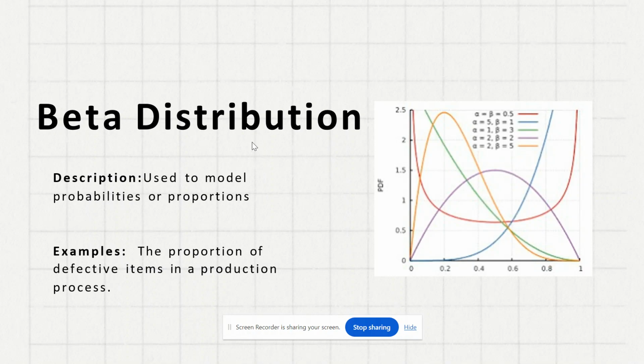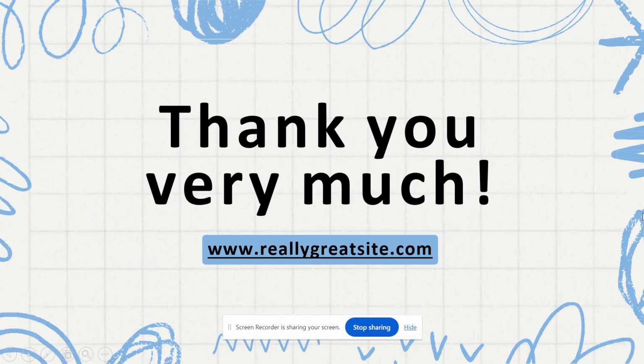For example, I have 100 samples, okay, and out of them 30 are defective, so it will show you that 0.3 is the probability of the items being defective. So this is called the beta distribution, which is used to model probabilities or proportions. So that was all from me.